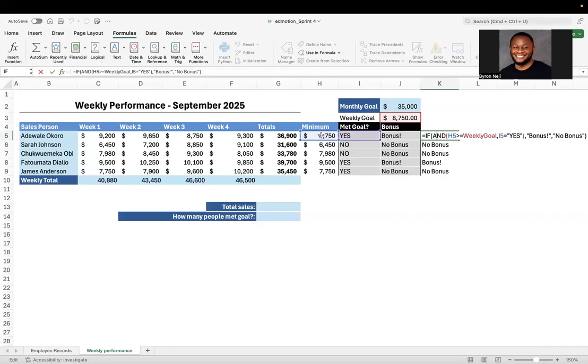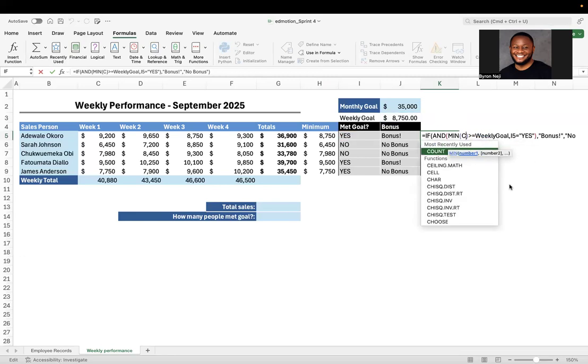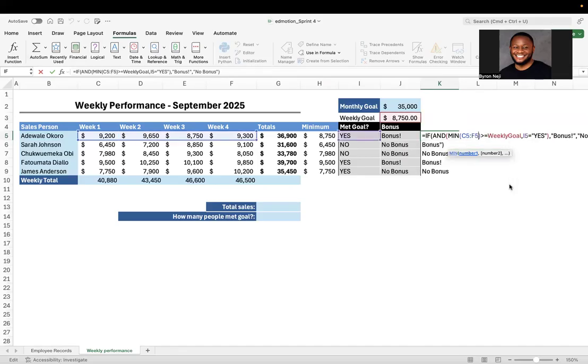We can just bring in this formula here. So instead of saying IF H5, which is the minimum, equals this, I could just write the function here, which is the MIN of C5 to F5.